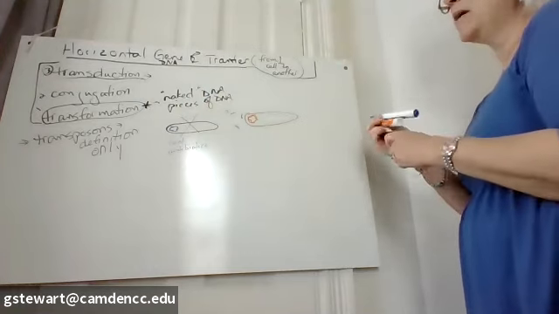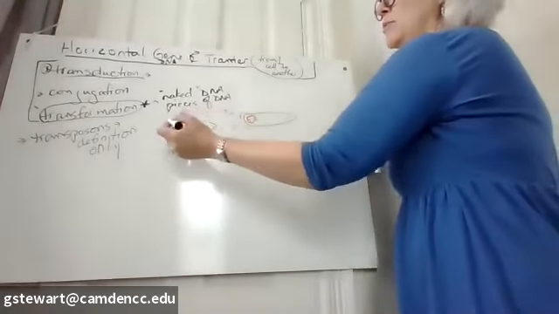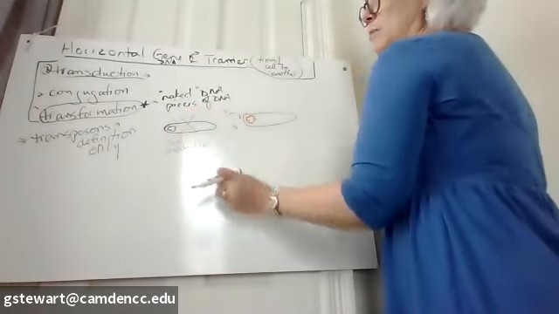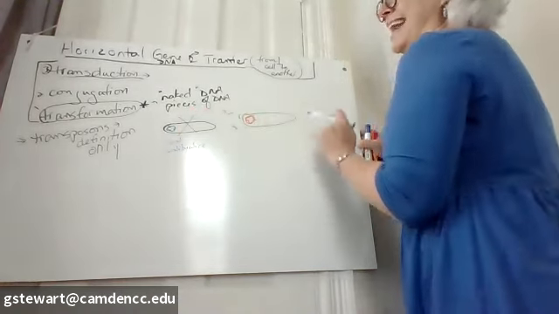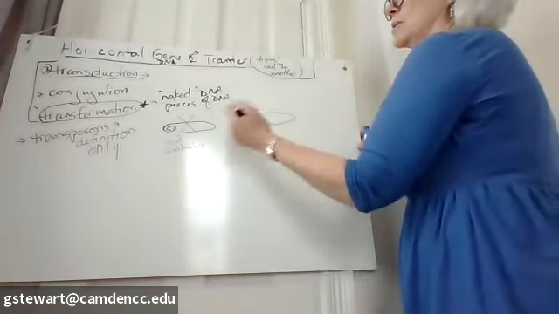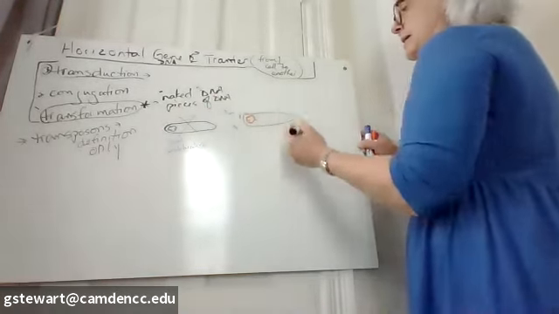Why do we care? Well, sometimes doing this transformation, you can actually move genes that cell number 1 had into cell number 2, genes that cell number 2 did not have. That's what we call horizontal gene transfer, because we're moving DNA from one cell to another.